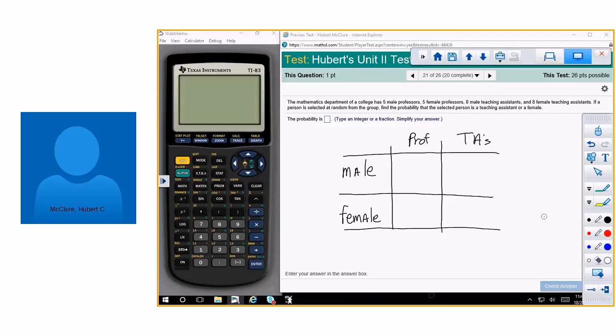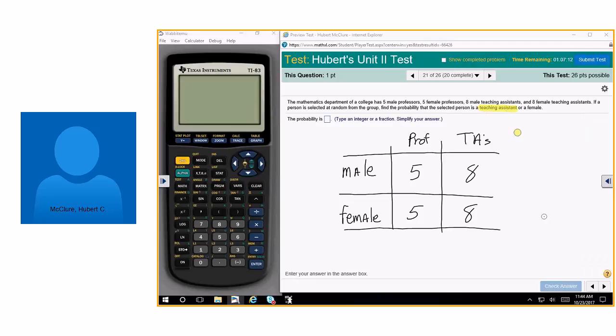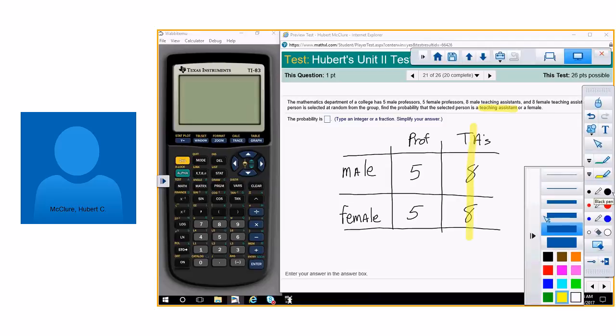So, how many male professors do we have? How many female professors? How many male teaching assistants? And female. Now, they want to know, take our highlighter, teaching assistant, or what?